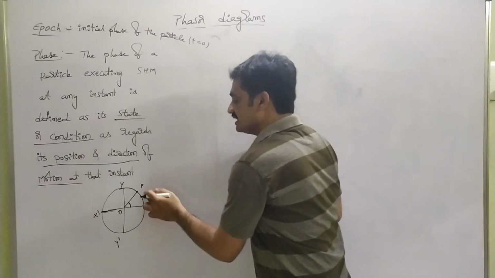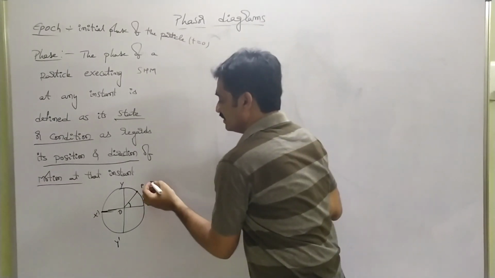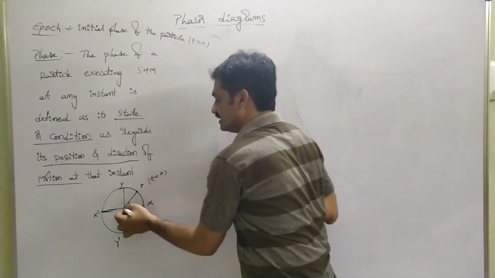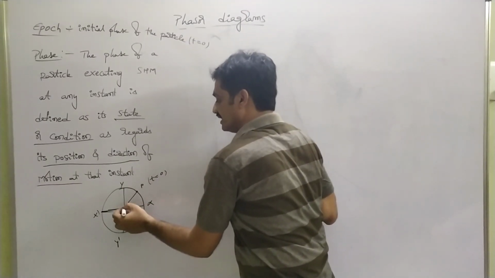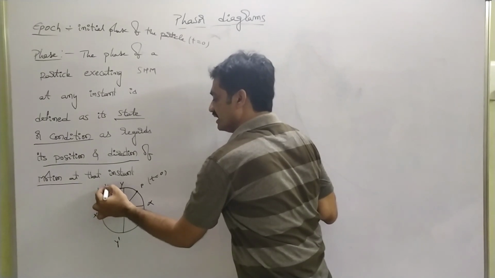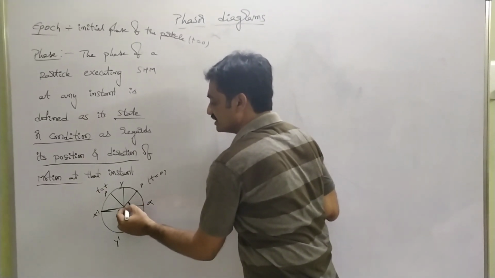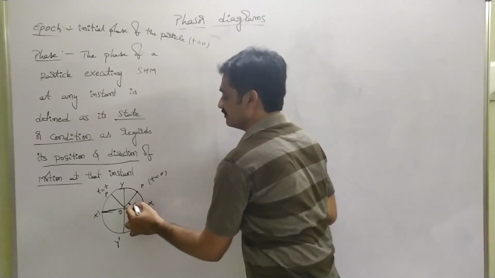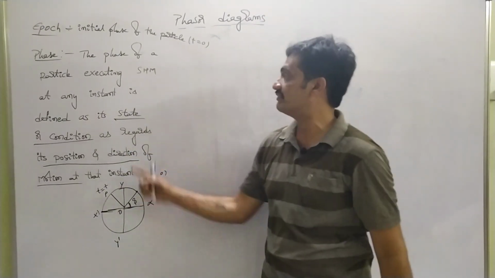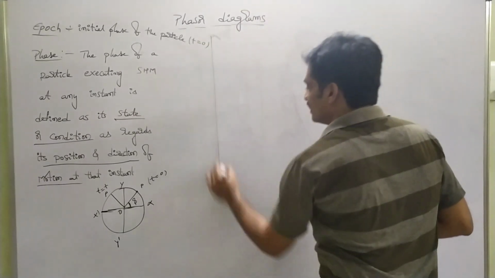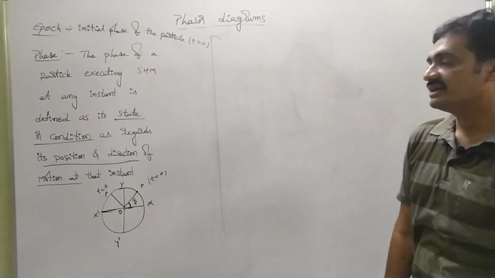Let us consider that initially the particle is at this position, means at time t equals 0. And with respect to time, at time t equals t, if the particle is at this position, the angle made by the particle with respect to this diametrical axis represents epoch, the initial phase. So based on this concept, now we are going to discuss phasor diagrams.